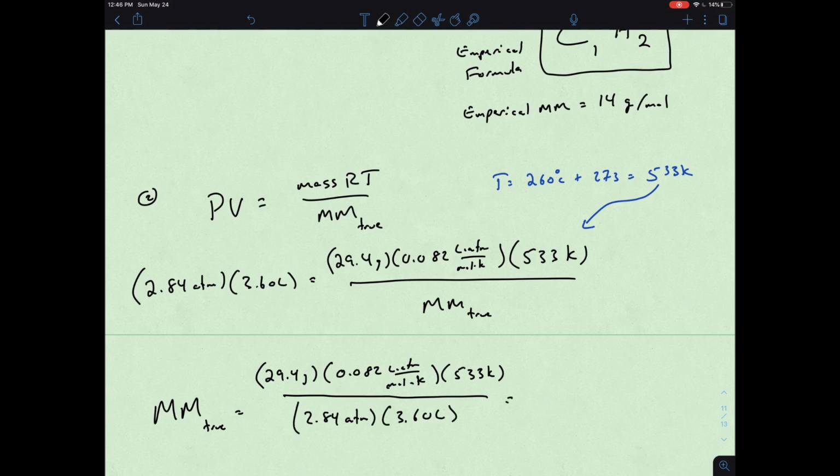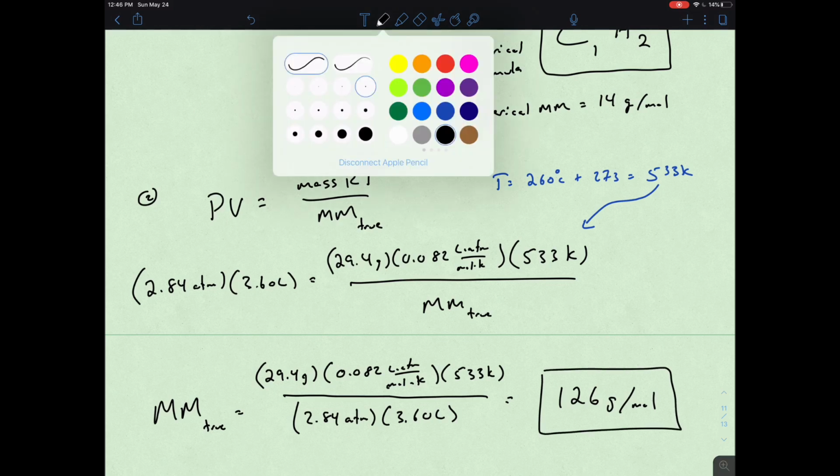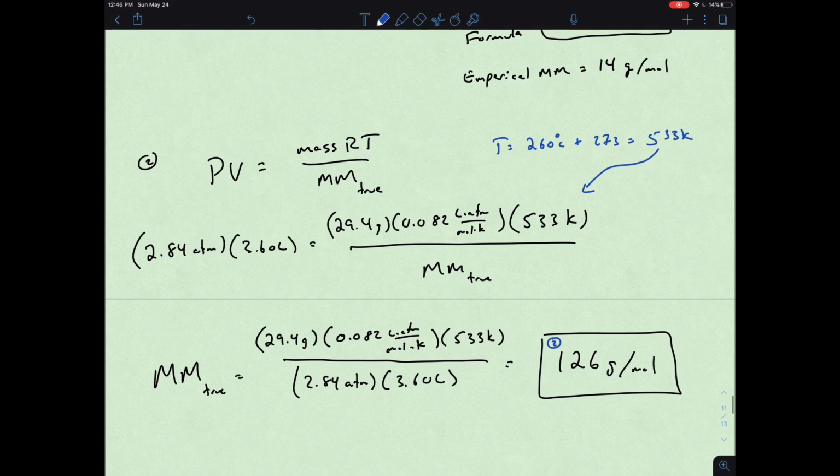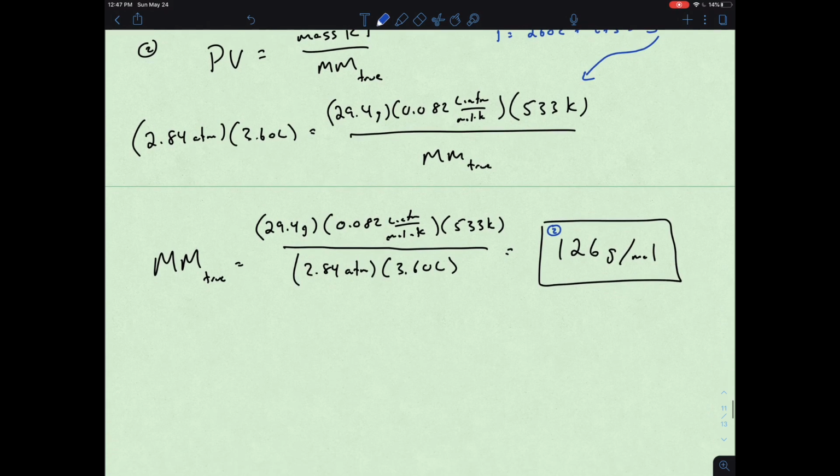And if you were to track units, everything here would cancel out except for our grams per mole, and we end up with a value of 126 grams per mole. So that was step 2, putting the ideal gas law relationship together to get at the actual true molar mass.